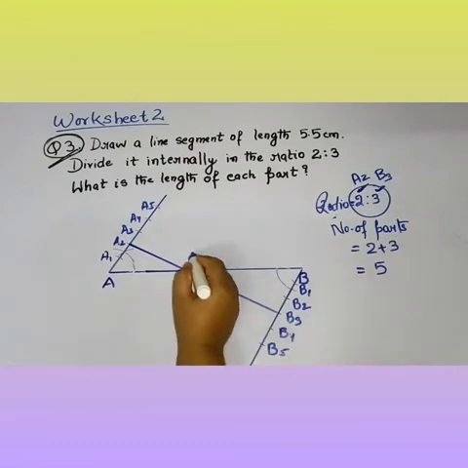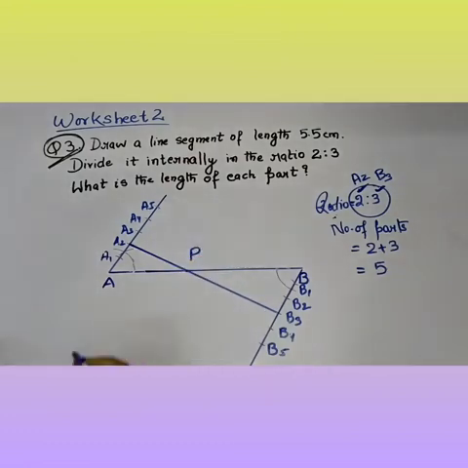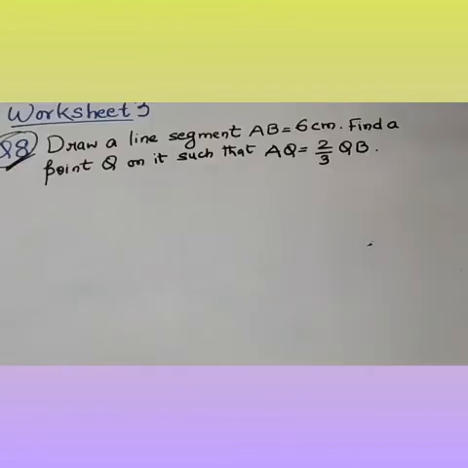Let it be a point P. So we can write here that AP ratio PB will be equal to 2:3. Let's see the next question.